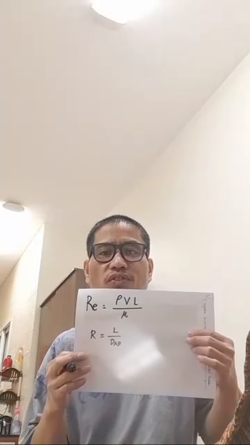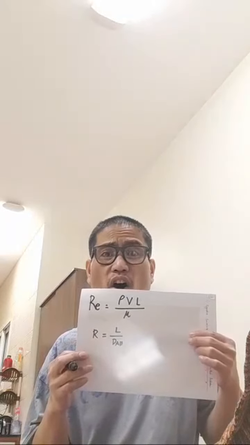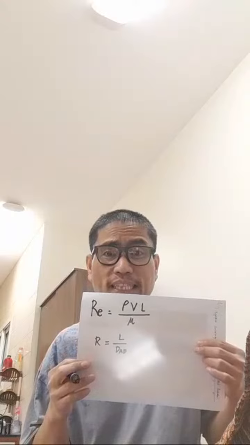For example, for mass transfer, the resistance is equal to the length over the diffusivity, and this diffusivity is the mass diffusivity, D_AB. Okay, resistance is equal to the length over diffusivity or mass diffusivity.